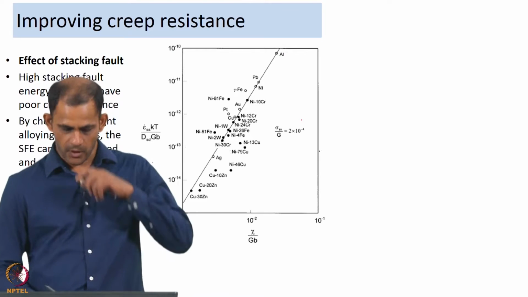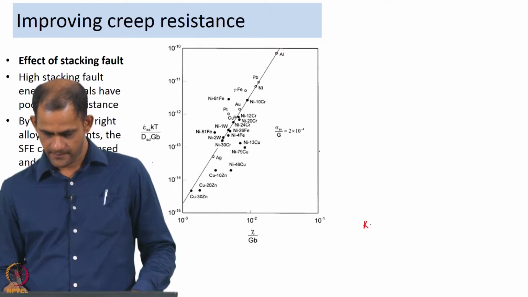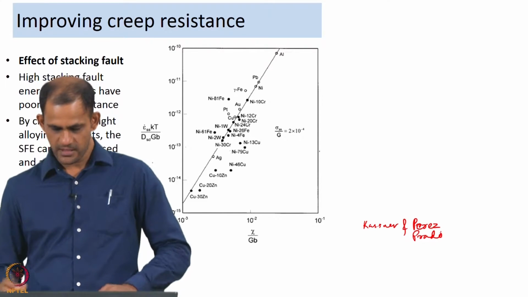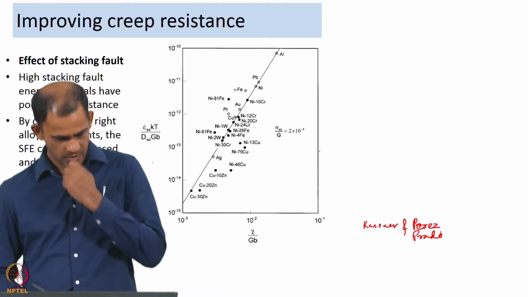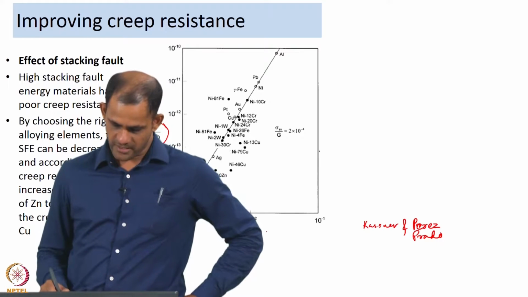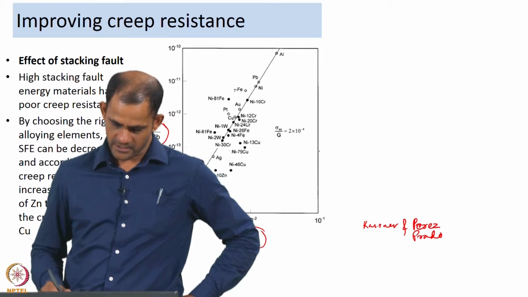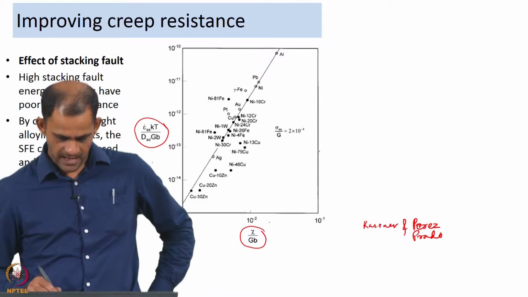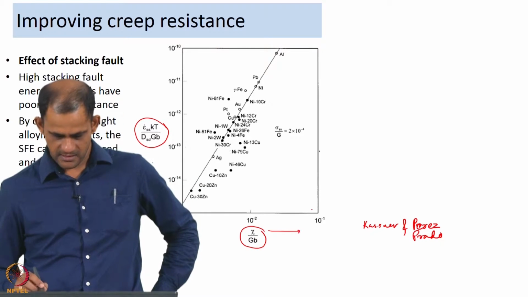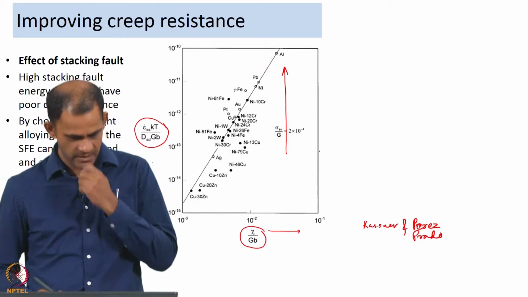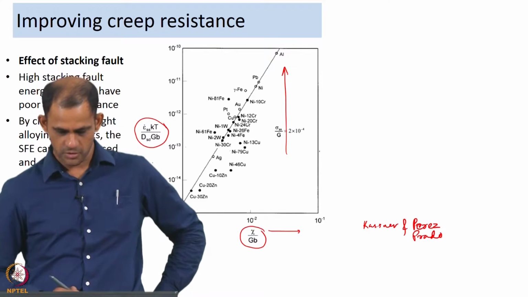In another plot in the same paper by Kastner and Perez-Prado, they also talk about the role of stacking fault energy. If you look at the normalized strain rate versus stacking fault energy normalized by Gb, what is clearly emerging is, as this term increases, the strain rate of deformation, or the normalized strain rate, is also increasing.